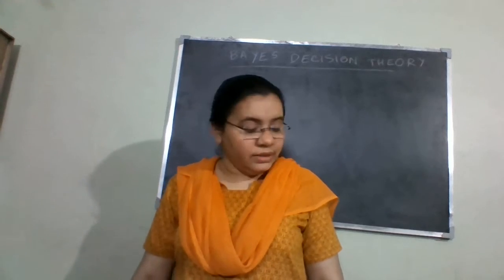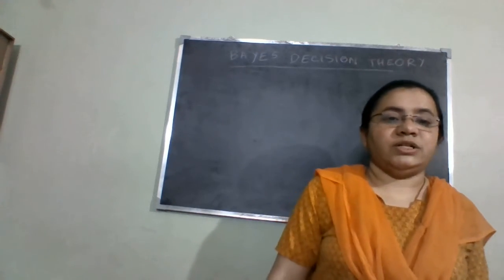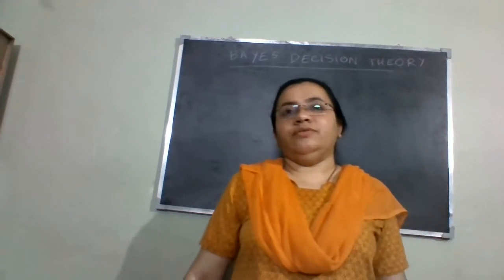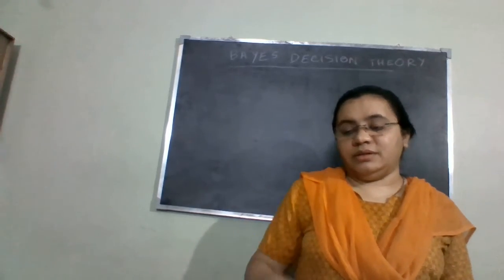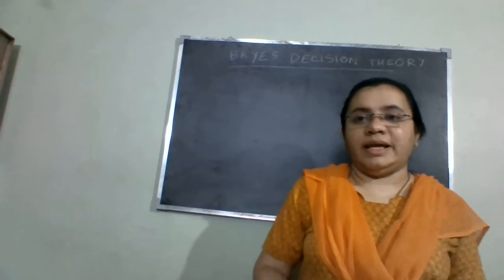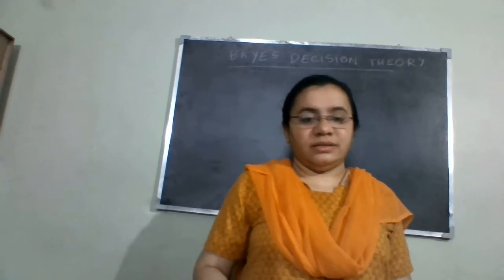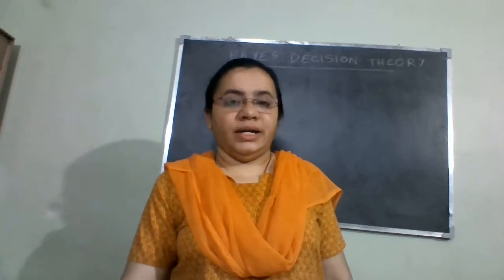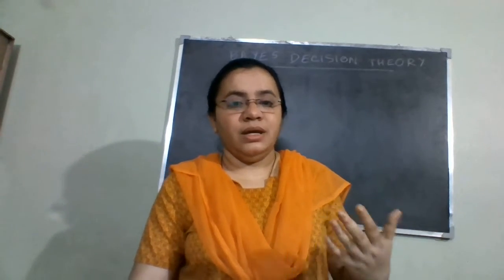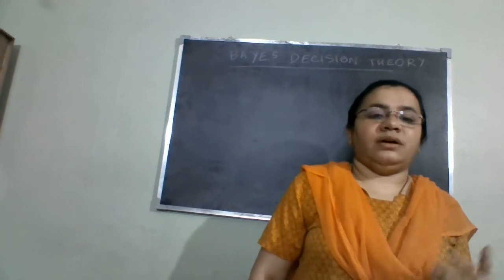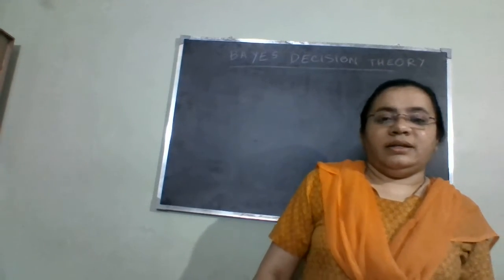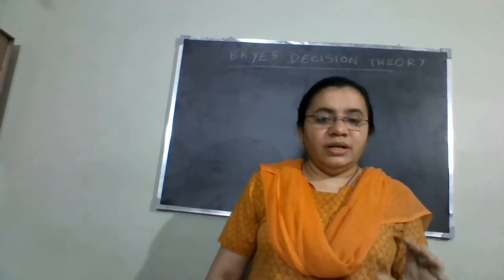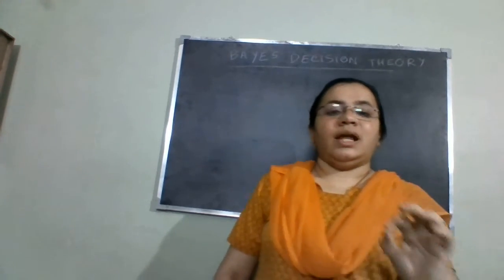Now we go to two category classification. What is two category classification? See, guys, yesterday in the last video, we were setting up indexes like i, j. I told you that alpha i means the decision which is to be taken, the decision which I have to take for categorizing feature x i into class omega j.